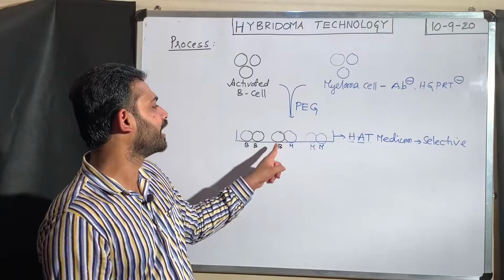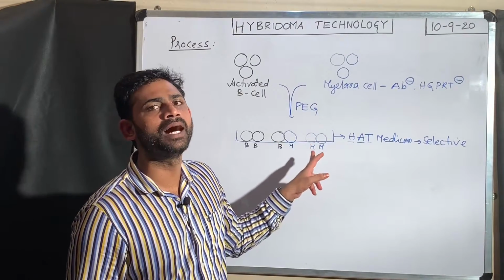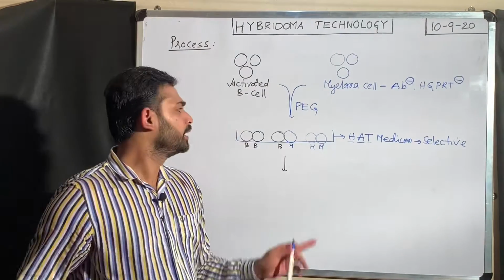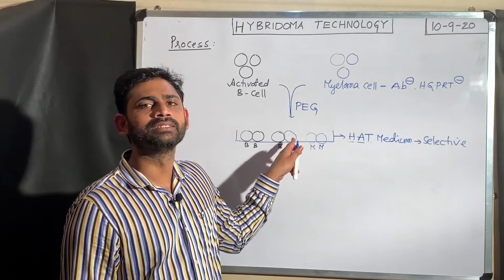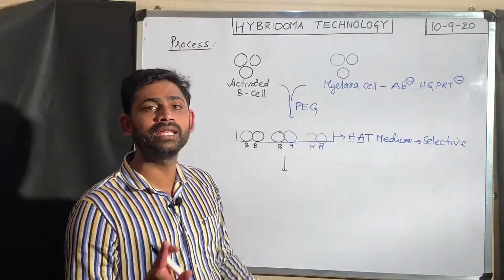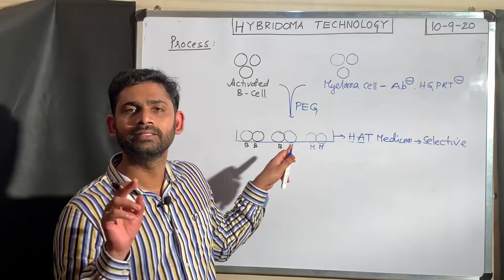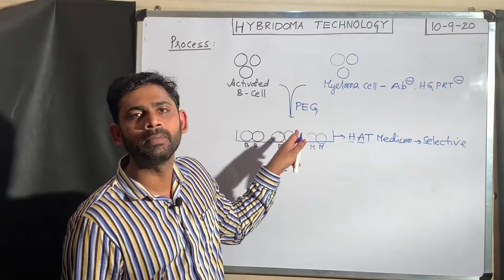Now comes the hybrid cells, B lymphocyte with myeloma cell. Here, as we know, this myeloma cell is HGPRT minus, but the B lymphocyte contains the HGPRT enzyme. This HGPRT enzyme of the B lymphocyte contributes to the myeloma cell.